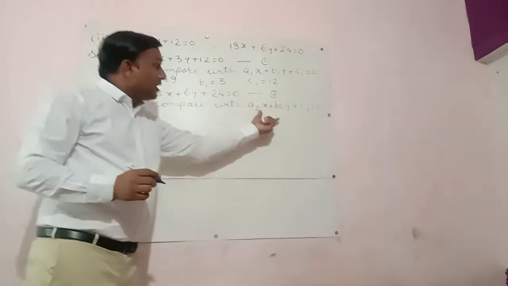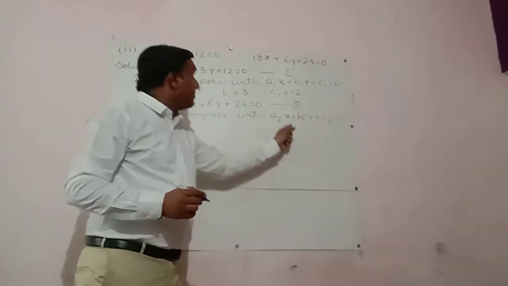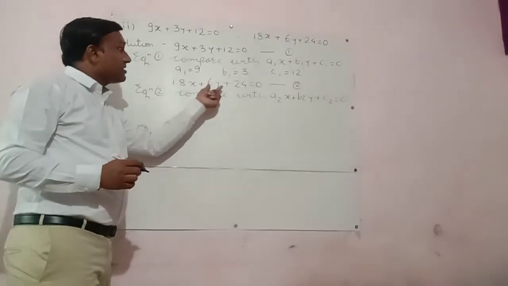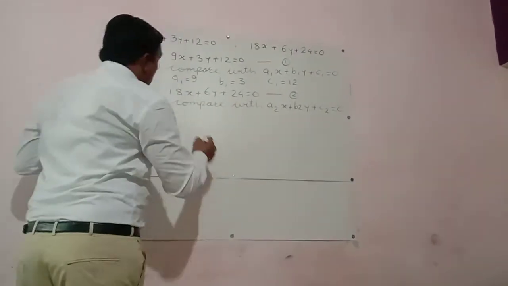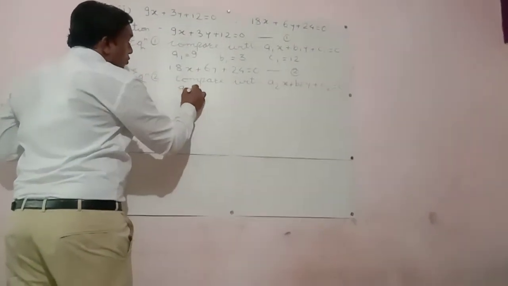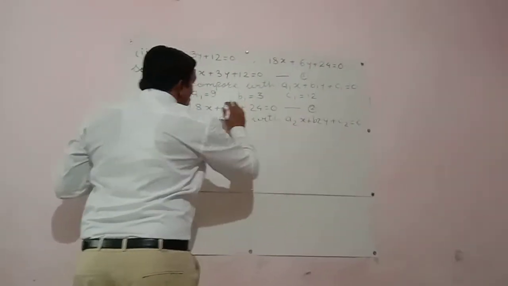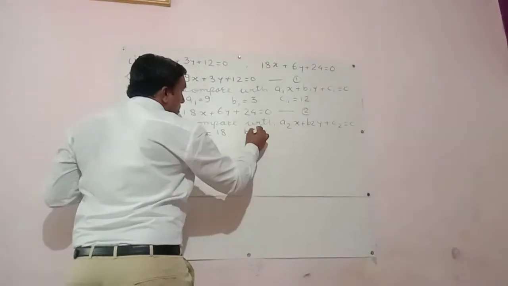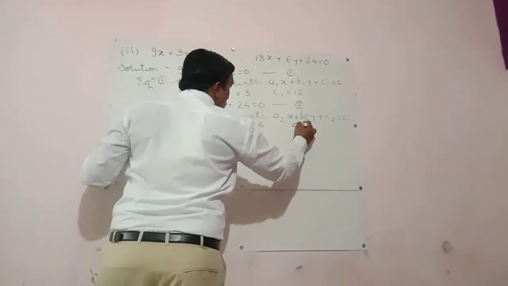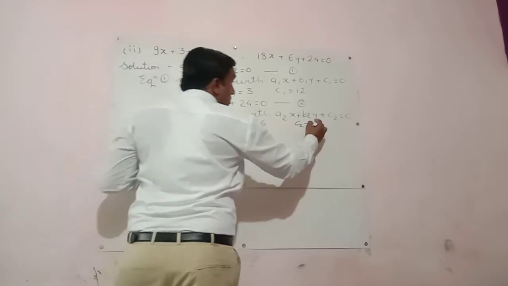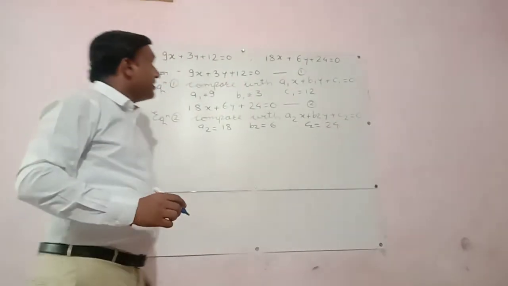If you observe, a2 coefficient equal to 18, b2 coefficient equal to 6, and c2 as a constant equal to 24.